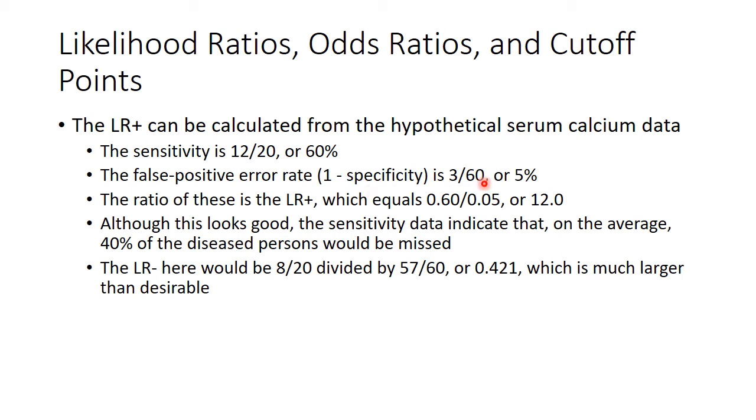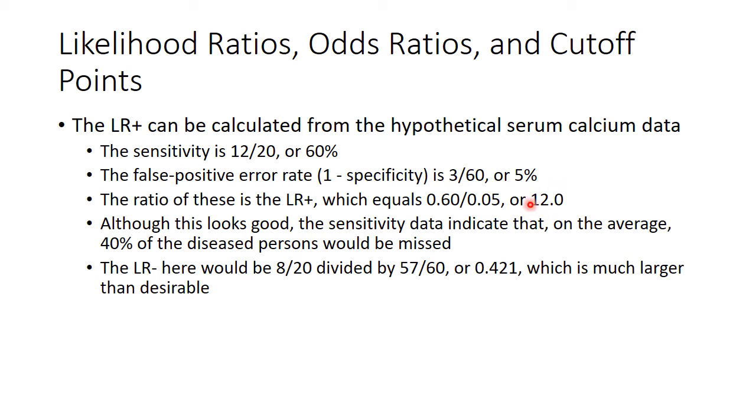That's one thing you can do, or just directly calculate it by looking at your false positives divided by the total number of people without the disease. And again, you came up with 5%. If you remember back to that data, you'll see that specificity was 95%. So just 1 minus 95 is 5% roughly. So the ratio of these two together, you see, is sensitivity divided by this false positive error rate, and that would equal 12.